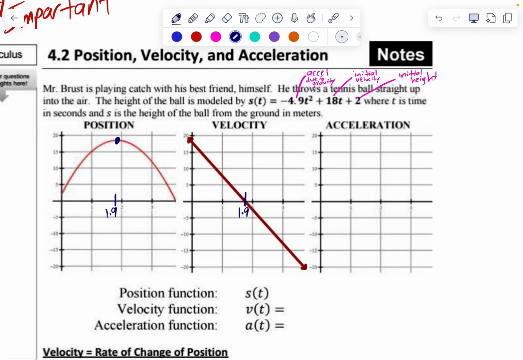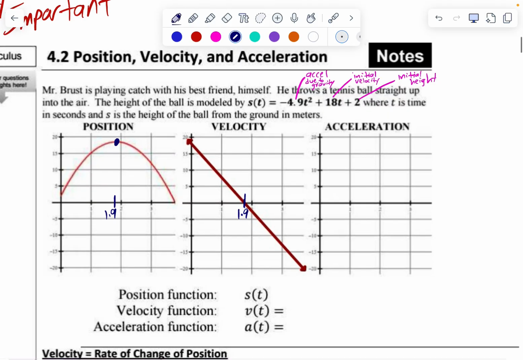Well, what's the slope of our velocity line? I don't expect you to calculate it, but someone already said it was constant, right? So what kind of line should we expect for the acceleration with this constant slope on the velocity graph? Yeah, horizontal line.